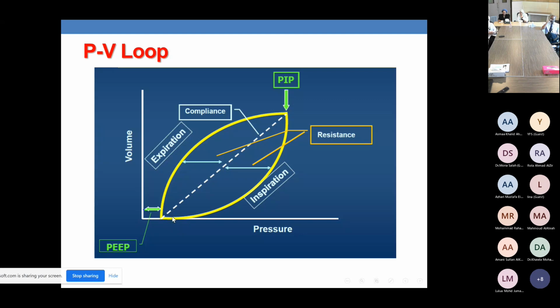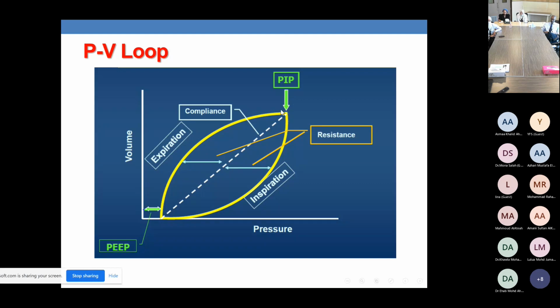Now, if this is taking a very long time, to overcome this very long critical opening pressure, you just increase the PEEP. So you increase the PEEP, then the whole thing will improve. The critical opening pressure will improve. So we'll go up till you reach the PIP.